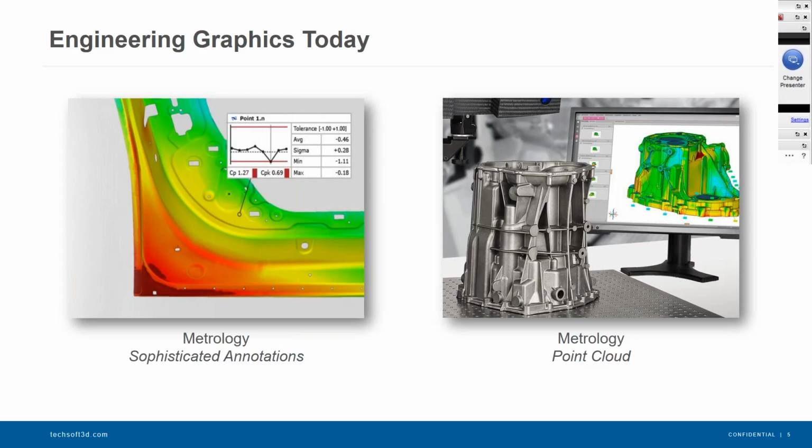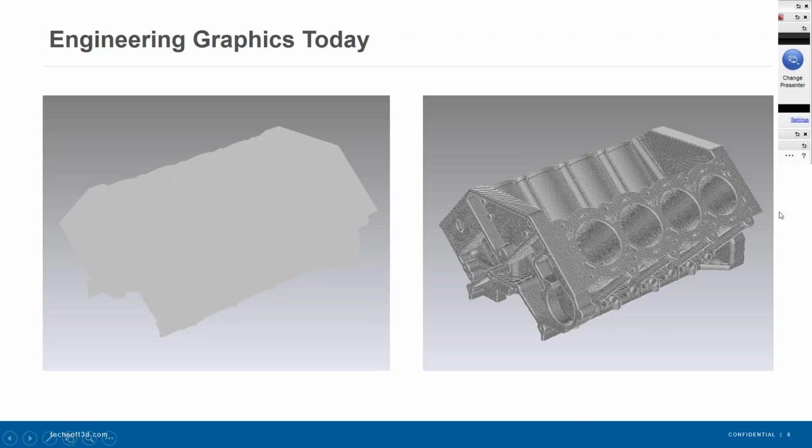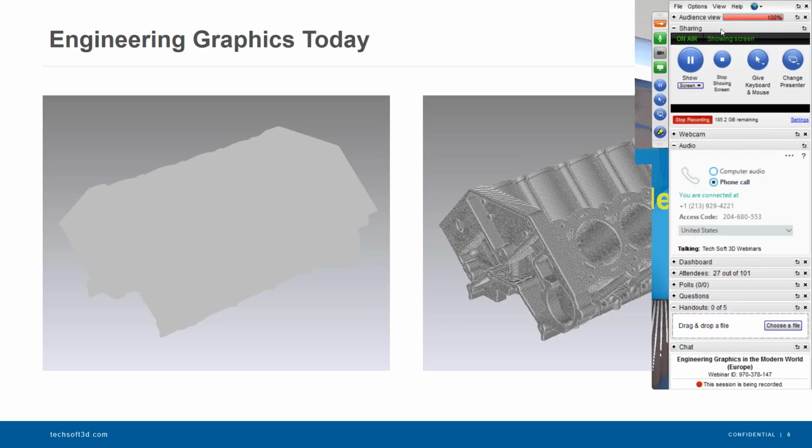One thing, as a little side note that I thought would be interesting to talk about, would be point clouds. Point clouds are something that you see a lot in this metrology space. And one of the things that we do in 3D graphics is leverage the ability of the hardware to do lighting.